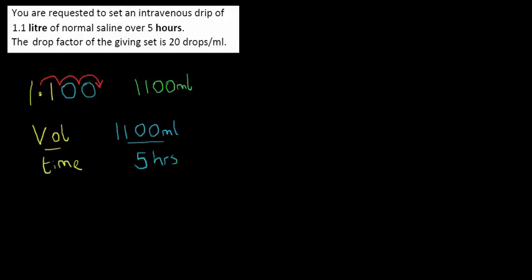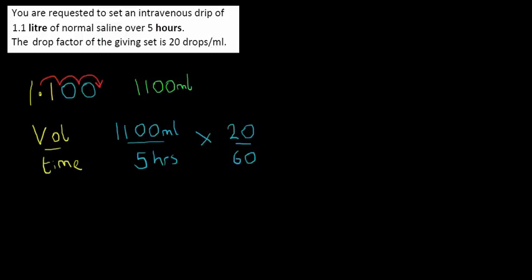As we want not mils per hour but drops per minute, we're going to have to multiply by the drip factor over 60. Now they told us the drip factor is 20, and I'll put the 60 there. So that drip factor is ensuring our units aren't in mils but drops, and that value of 60 is ensuring that our time is in minutes, not hours.